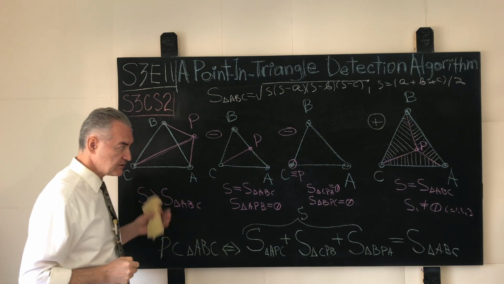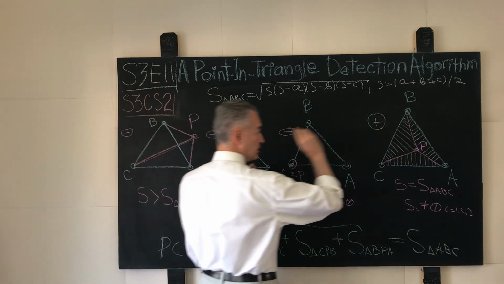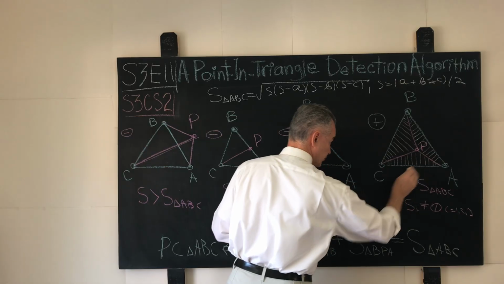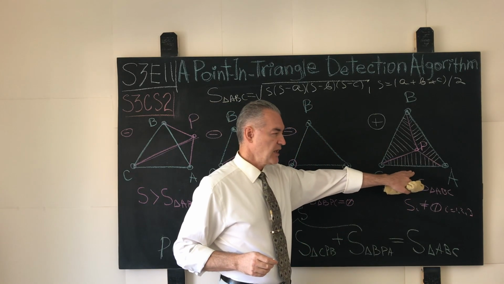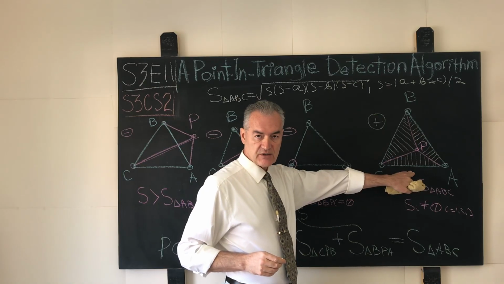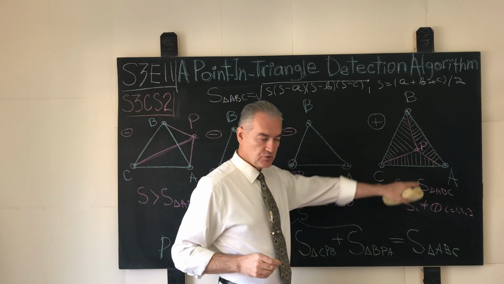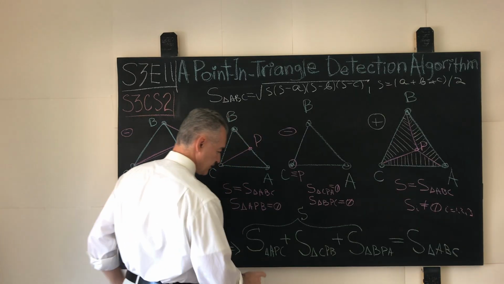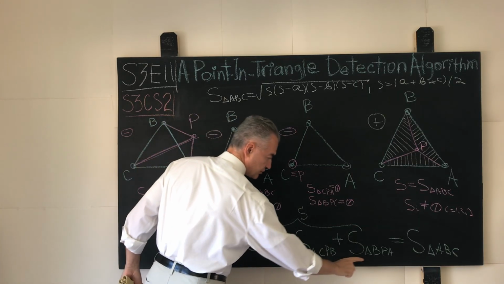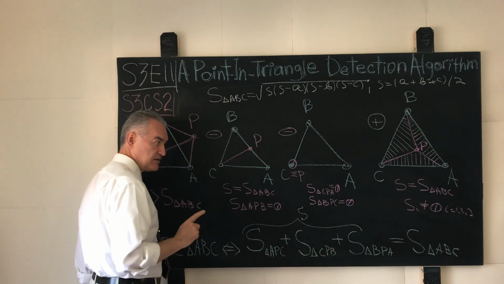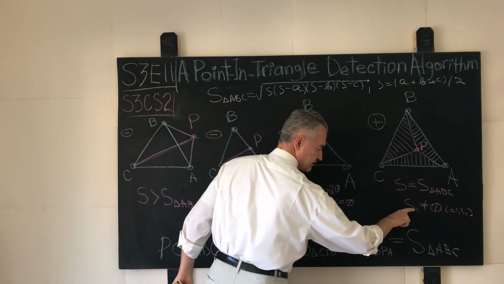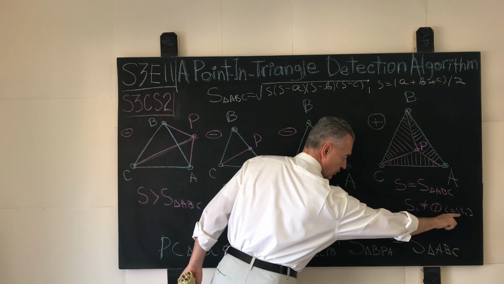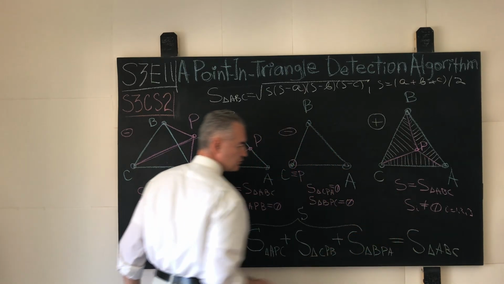coincides with. Finally, we come to the fourth case, and the most interesting case is the case when the area of the given triangle ABC is precisely equal to the sum of the areas of the smaller sub-triangles, and none of the sub-triangles, which I designate as sub I, where I varies over 1, 2, and 3, is equal to 0.